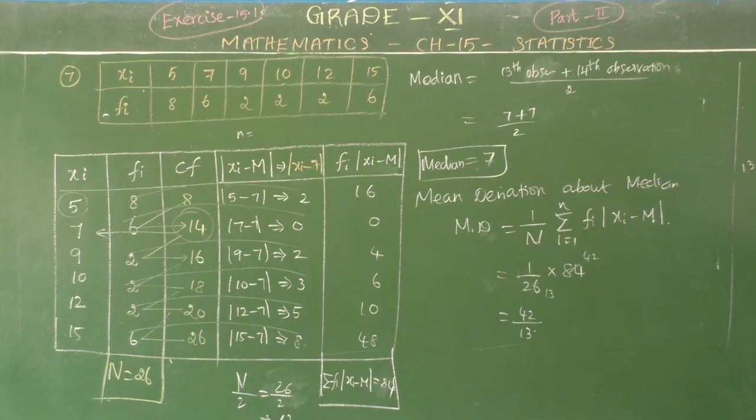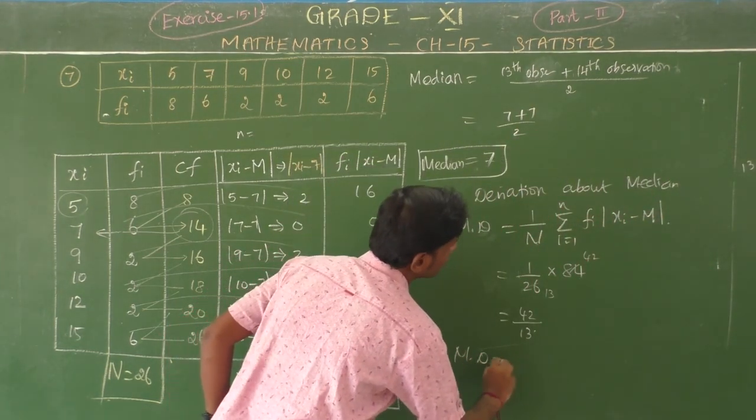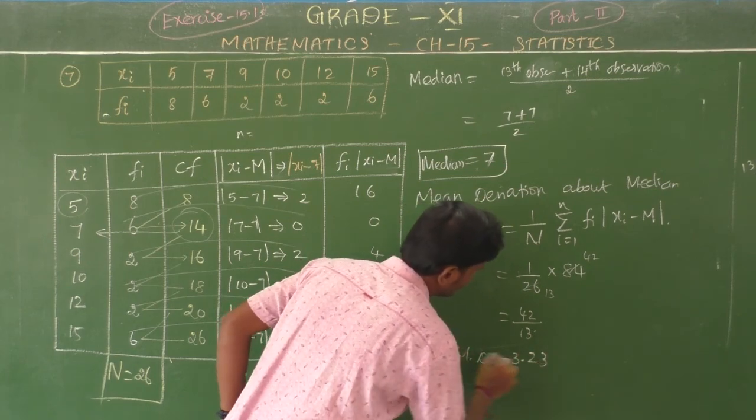Put a 0 and add one more number. 2 13s are 26, remainder 4, then 40 and 3. So the mean deviation about the median MD is equal to 3.23.